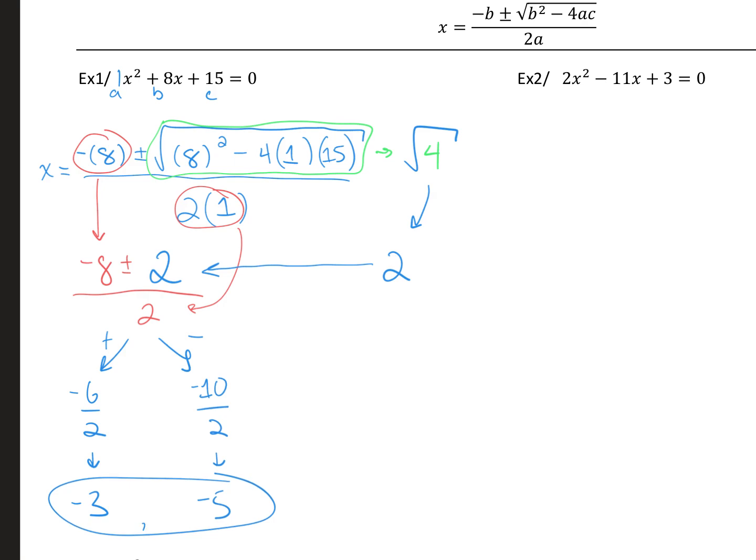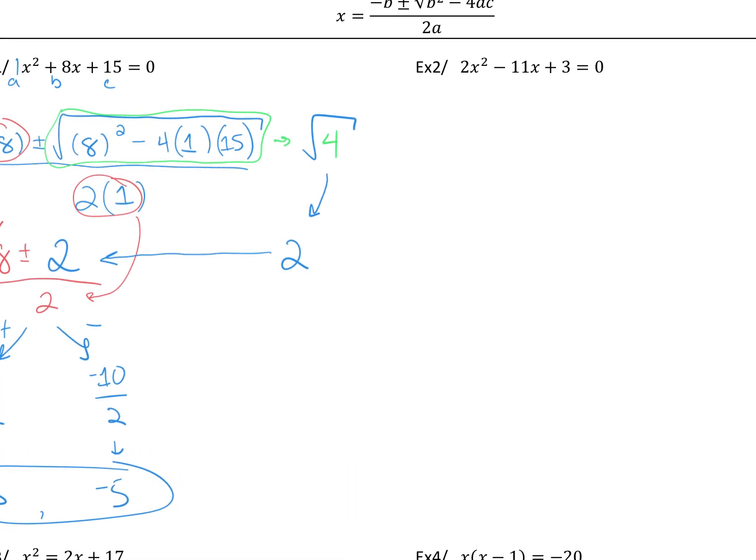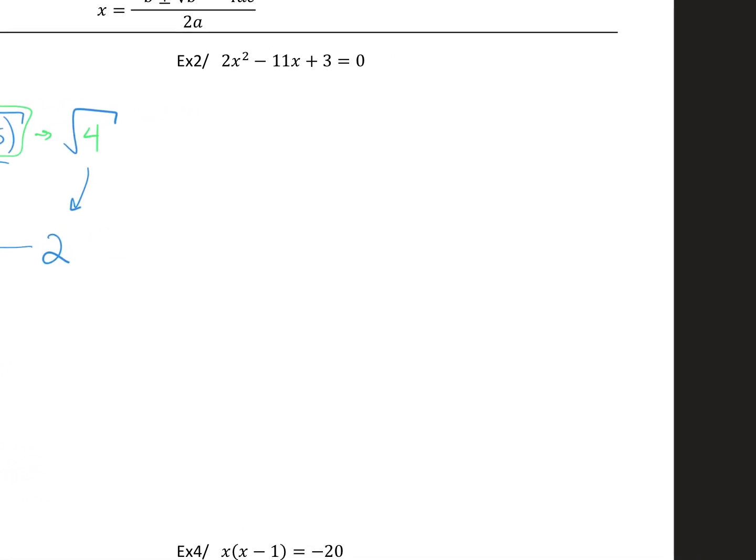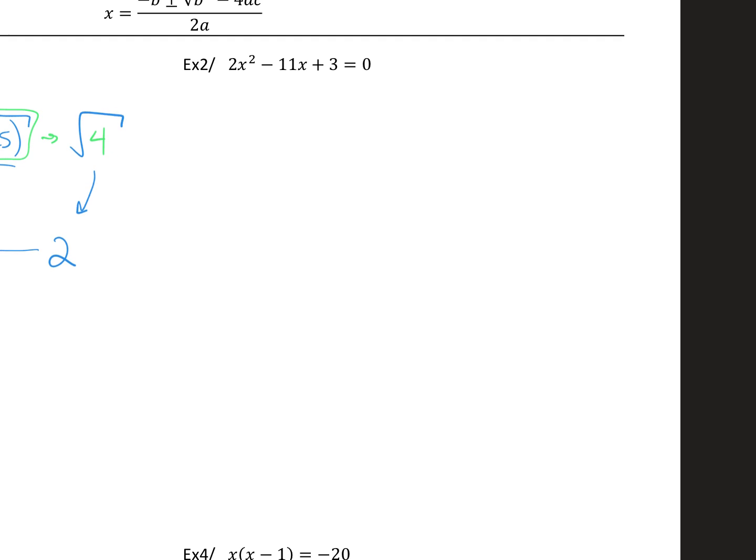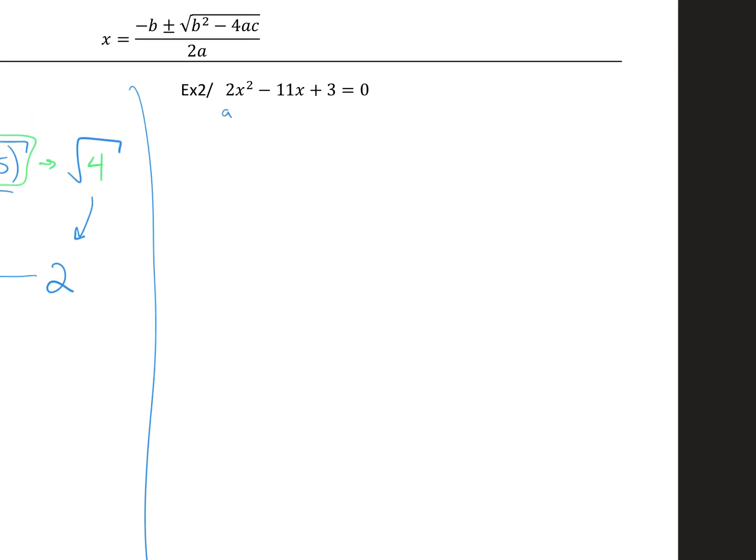All right, let's take a look at example 2. So here we have example 2 with 2x squared minus 11x plus 3. Again, it is already in standard form equal to 0. So all we have to do is find a, b, and c.